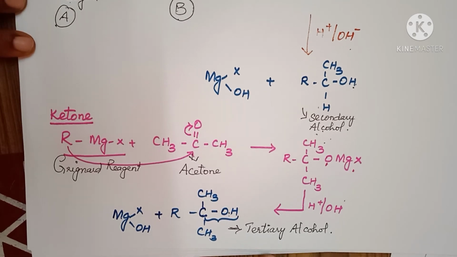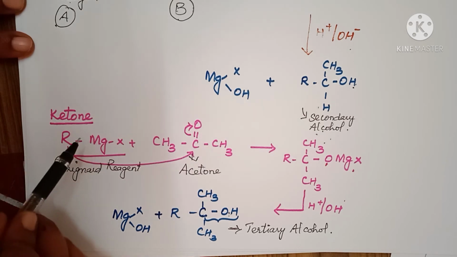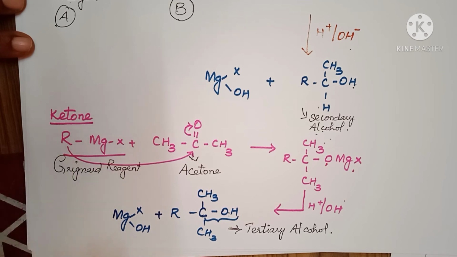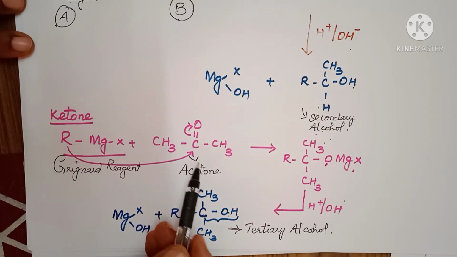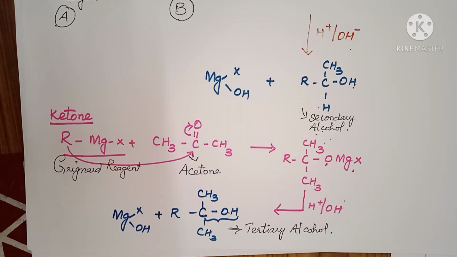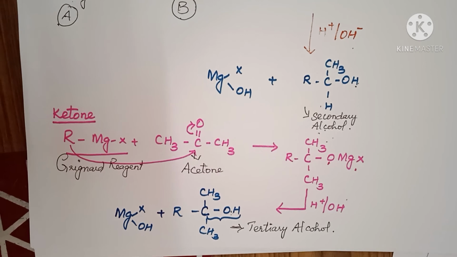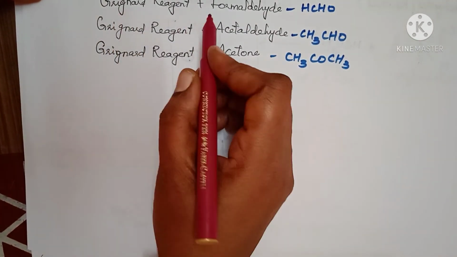Hope you got it. So what is the main idea in this reaction? Grignard reagent reacts with formaldehyde, you are getting a primary alcohol. Grignard reagent reacts with acetaldehyde, you are getting a secondary alcohol. And Grignard reagent reacts with acetone, it is a tertiary alcohol. Here is an easy way I'll tell you.